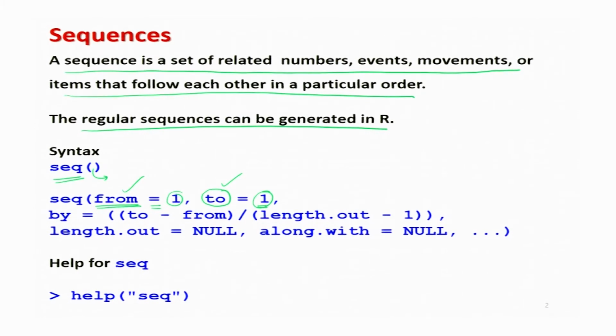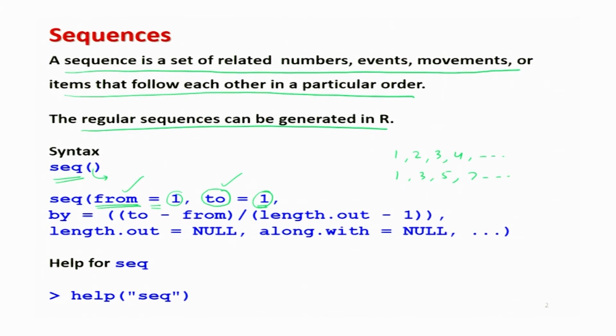Now, the usual way in which the sequence progresses is by one unit, like 1, 2, 3, 4, etc. But you have different options that you can choose. The sequence could be like 1, 2, 3, 4, etc., or like 1, 3, 5, 7, etc., or something else, whatever you want.